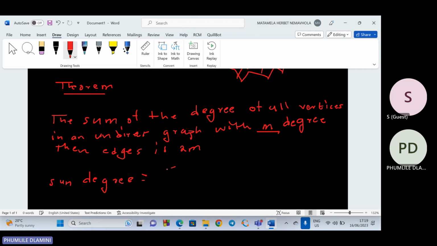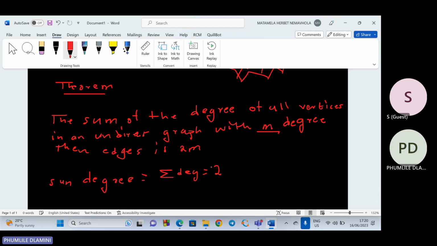Mathematically we can just write the sum in sigma notation of degree.